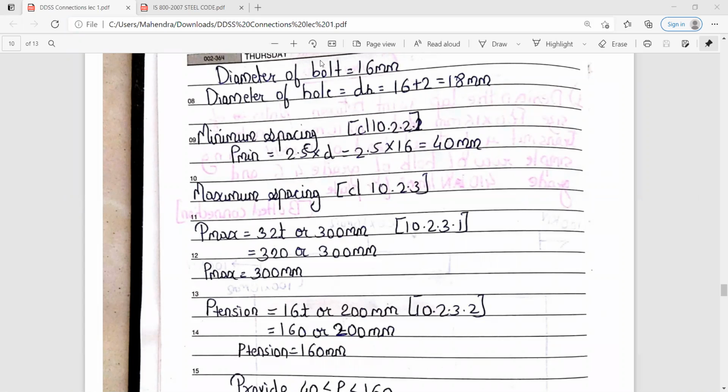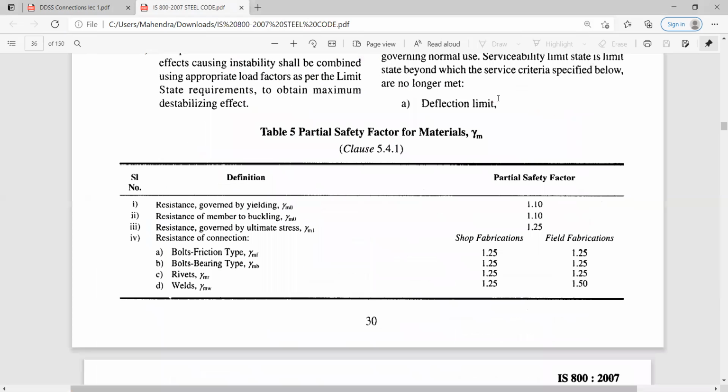Then you need to calculate the minimum spacing. अभी minimum spacing calculate करने के लिए again आपको IS 800 2007 रेफर करना पड़ेगा, clause number 10.2.2.